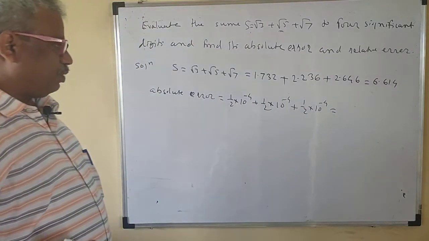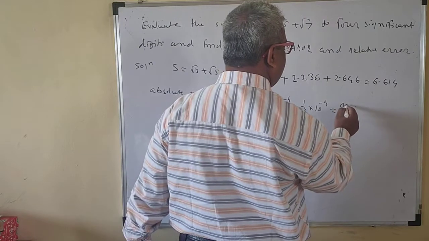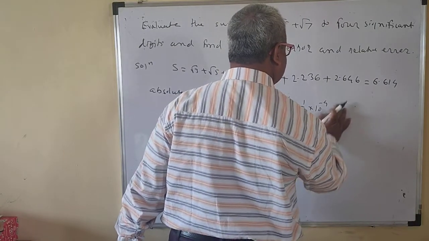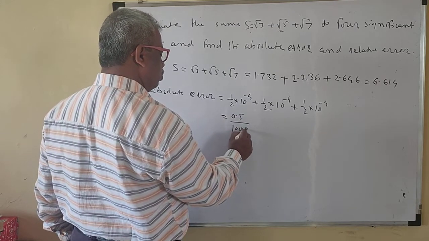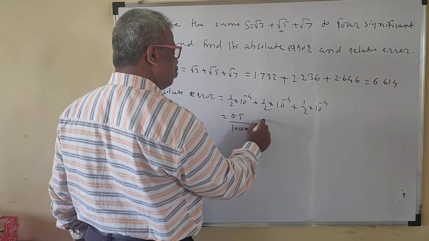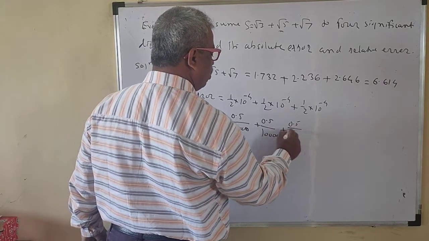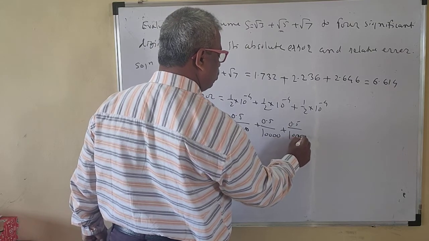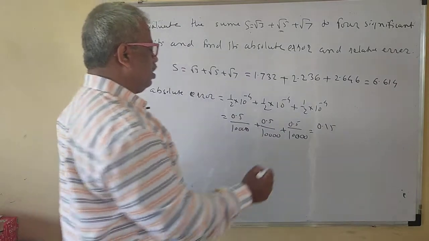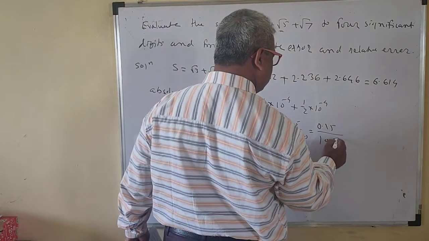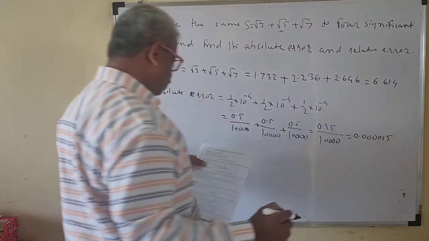So this is 0.5 plus 0.5 plus 0.5, which is 0.15. You can write this as 0.5 upon 40, plus 0.5 upon 40, plus 0.5 upon 40. So this is 0.00015.